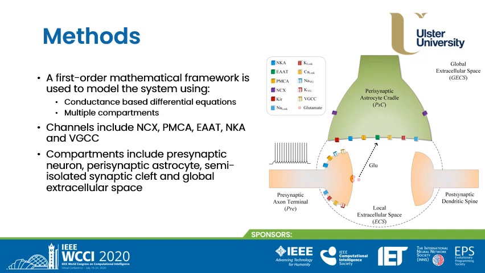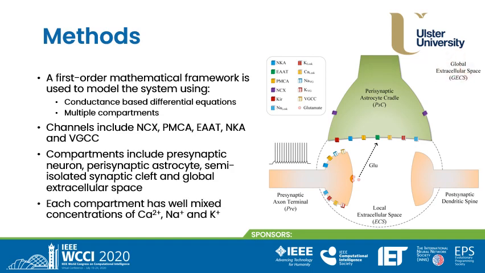The compartments, as I say, include a presynaptic neuron, this perisynaptic astrocyte, the semi-isolated synaptic cleft, or as we call it, the local extracellular space, and also a global extracellular space. Each compartment is filled with well-mixed concentrations of calcium, sodium, and potassium ions.